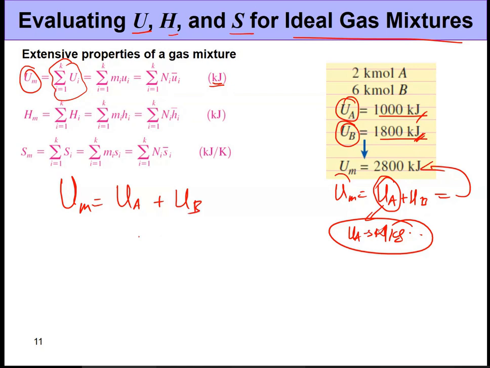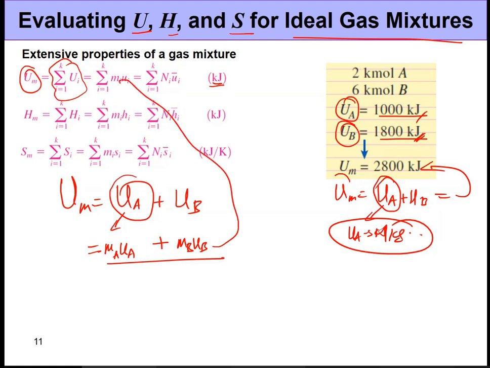And if you want to write this internal energy in terms of the specific quantities, you can write it as mass of that component times its specific internal energy, right? That is what UA is, plus same way mass of B times UB. So you can also write it as a summation of mass of that component times its specific internal energy.